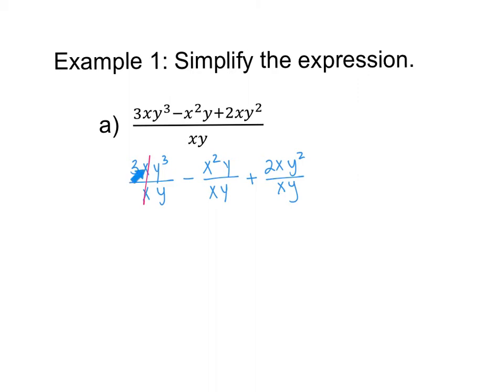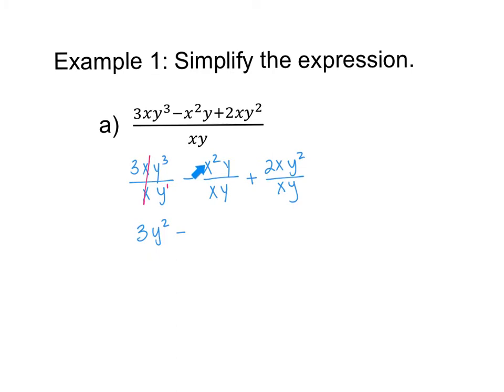Because, well, if you have x divided by x, it just becomes 1. And so if you have 2 variables with the same power, they can cancel. Whereas the y's don't cancel because this y is to the first power. So this ends up being 3y squared, because 3 minus 1 is 2. And so this part is simplified, the x canceled, and this is all I have left. I'll bring down the minus sign.